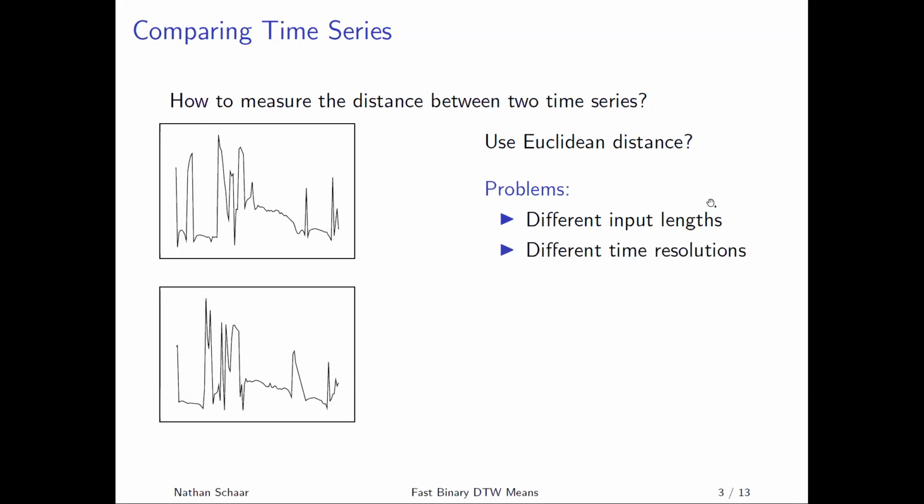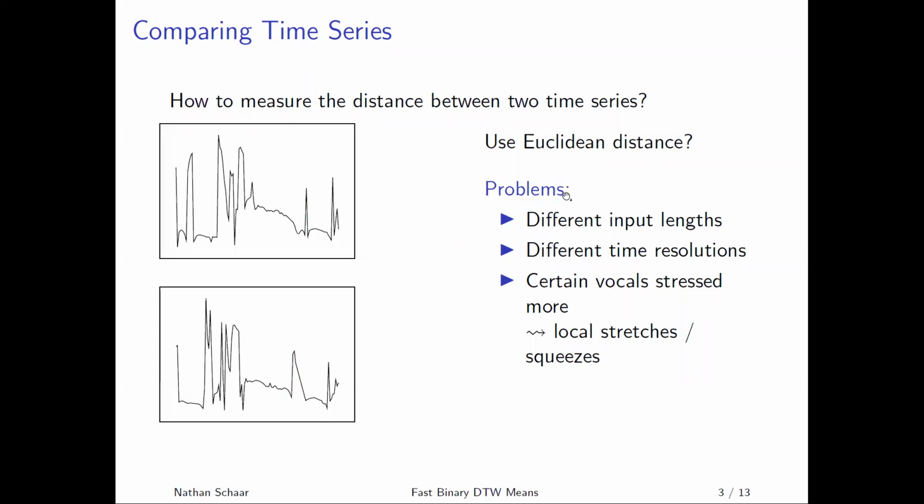They also could have different time resolution, and then we would have to stretch out some of the time series. And they could also have local stretches when certain vowels and certain words are stressed more. For example, this peak in the two time series could be the same vowel, where it is more stretched in this lower time series.